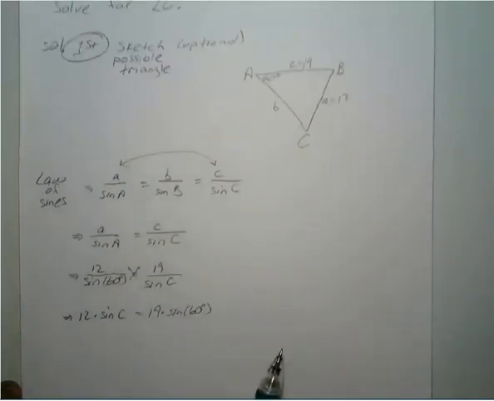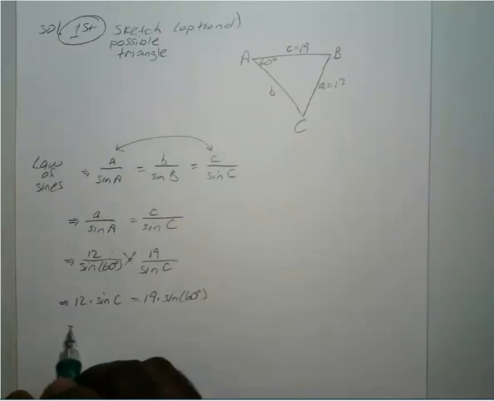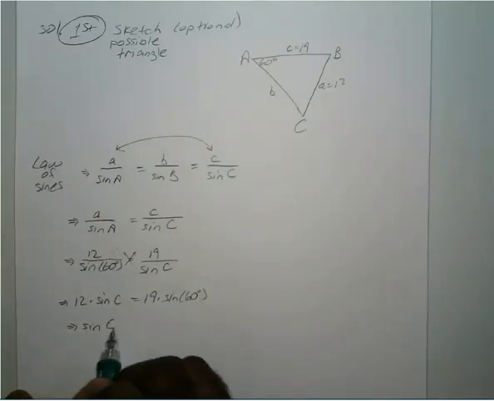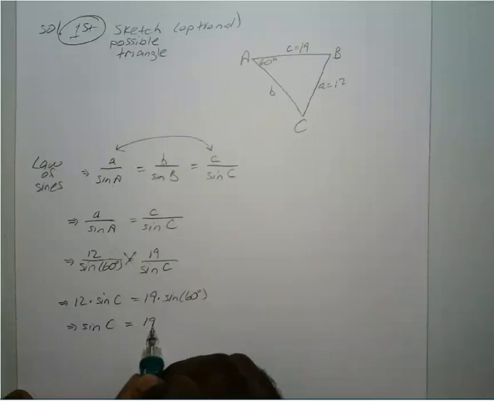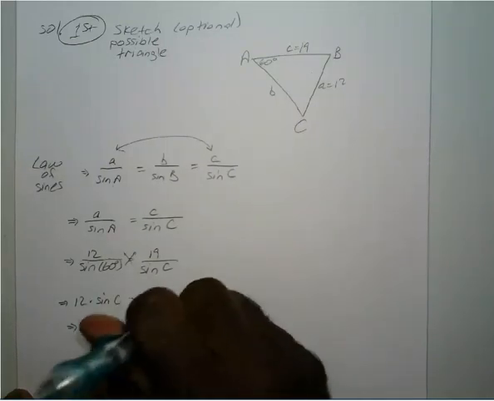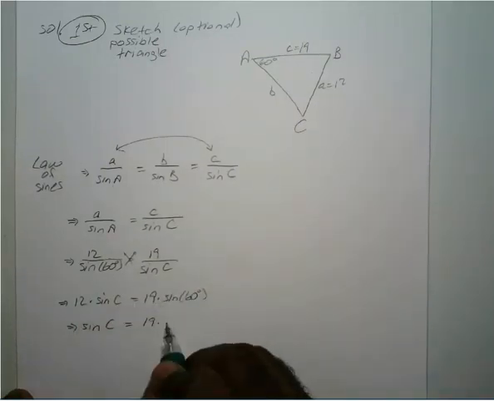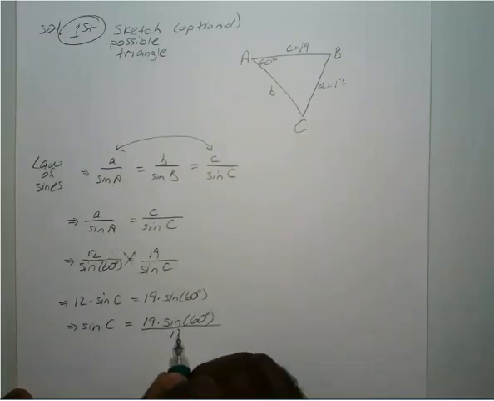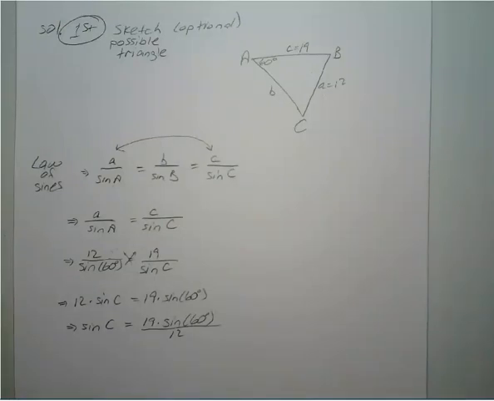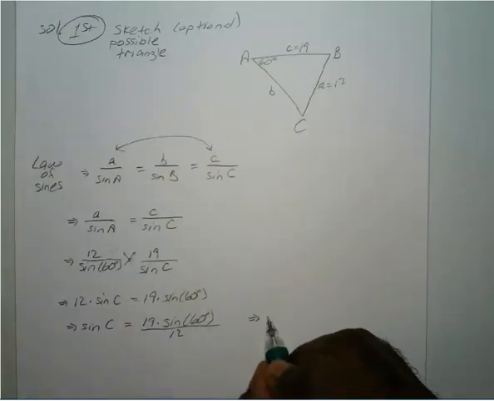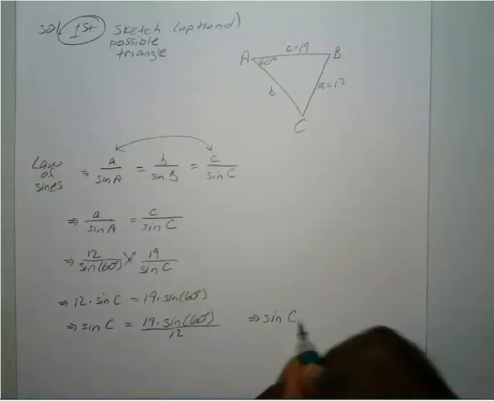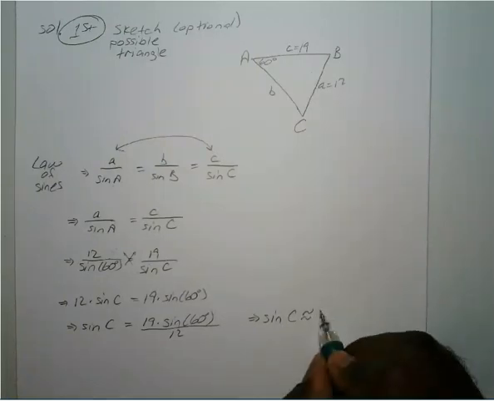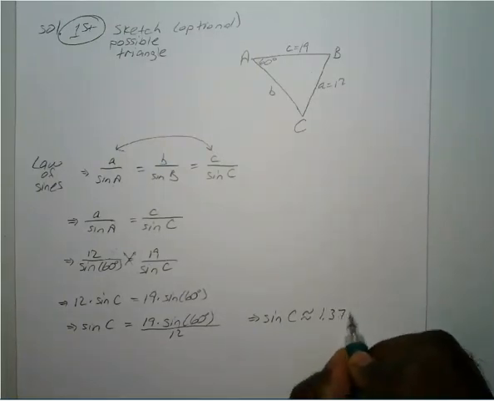If we divide both sides by 12, we have sine of C is equal to 19 times sine of 60 degrees divided by 12. If we plug this into our calculator, that gives us sine of C is approximately equal to 1.371.